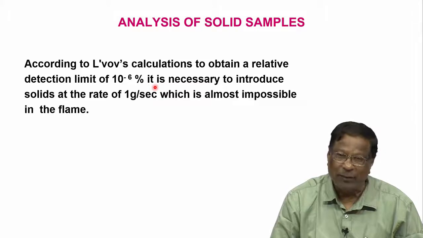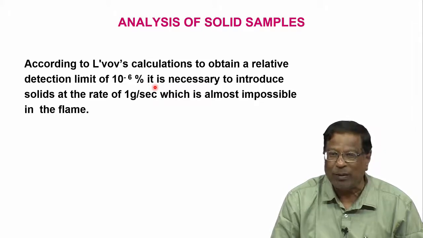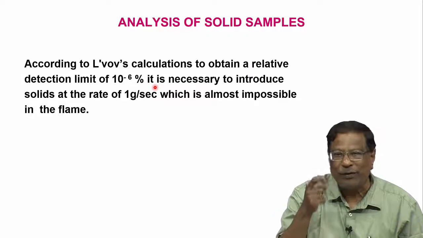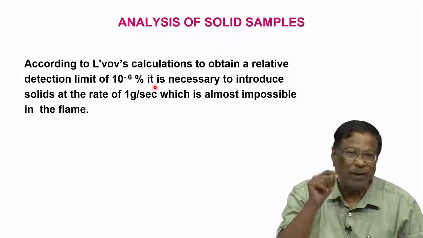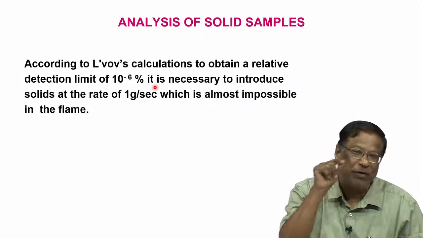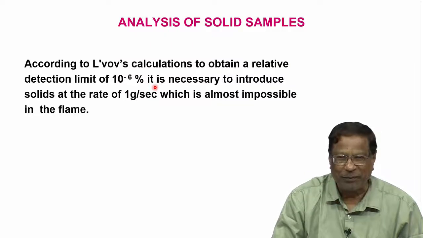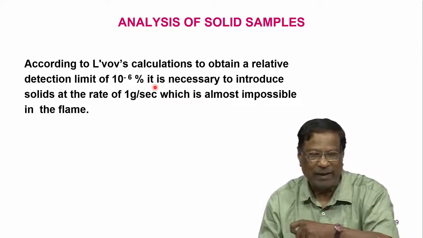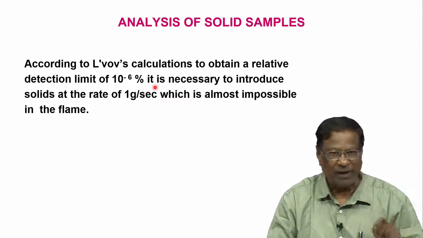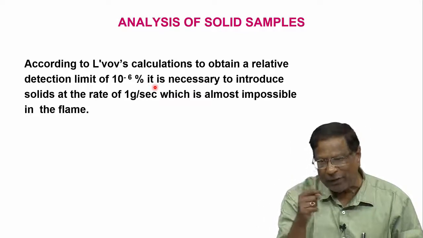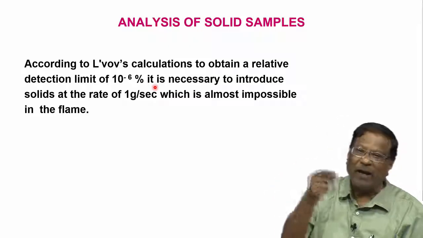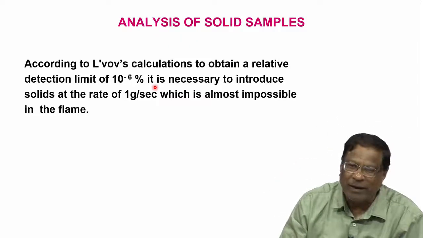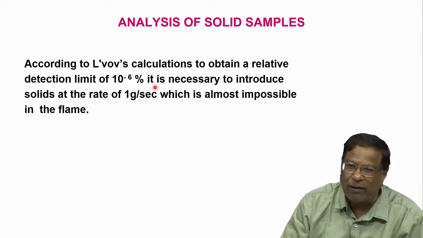All these kinds of problems are avoided if you use solids as such. Sometimes it helps, but the only problem is how to introduce the solid sample in microgram quantities in a reproducible manner. For example, it is very difficult to weigh so much and transfer exactly. Liquids are easy. I can take 1 microliter with correct accuracy and pipette it and deposit it in the graphite furnace.